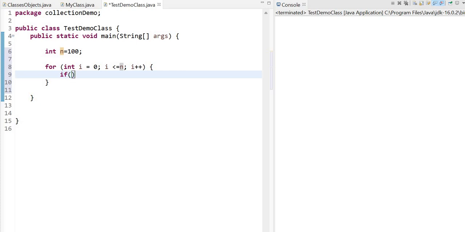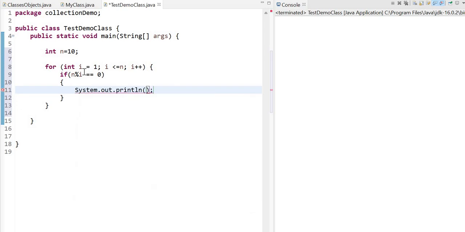And I will write if n, or I will take it as 10 first, 10 divided by i, the remainder is equal to 0, because I'm starting with 1. If the remainder is equal to 0, print the value of i, because only i will then be the factors: 1, 2, 5 and 10, correct?